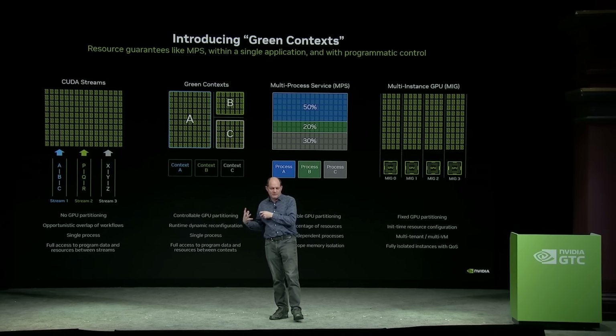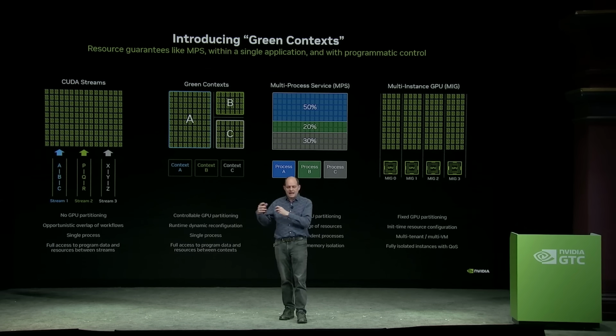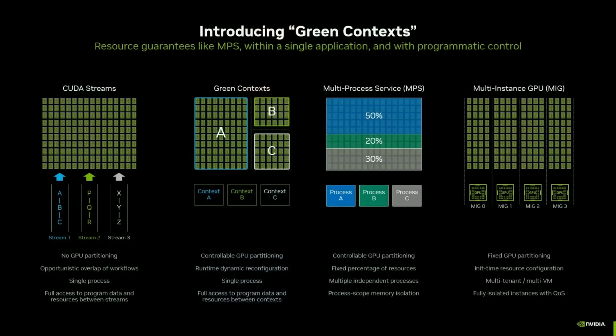And so what we've done over the last couple of years is we've built this thing called green contexts. And green contexts is a mechanism which sits between streams because it's within a single process, within a single application, allowing dynamic action responding to what's going on. And on the other side, the multiprocess service, which gives me the partitioning, which gives me the breakdown of resources that I need.